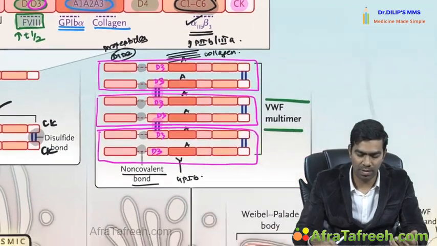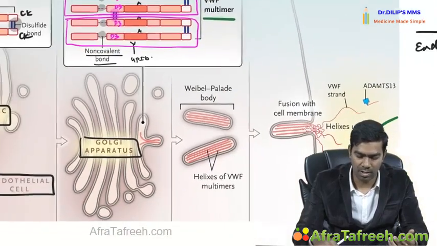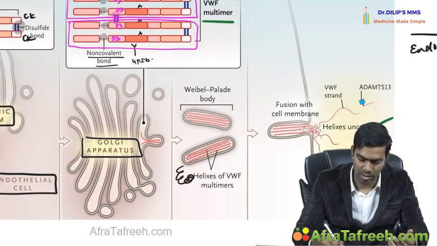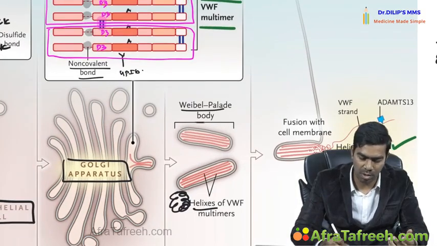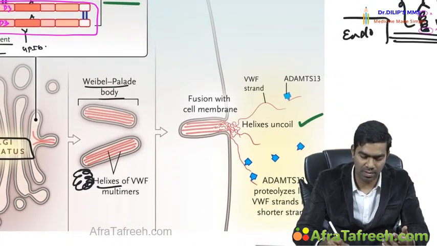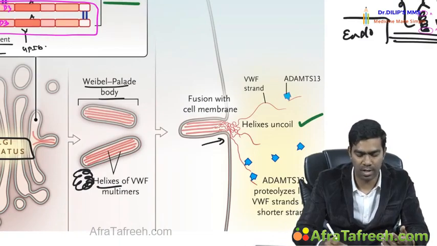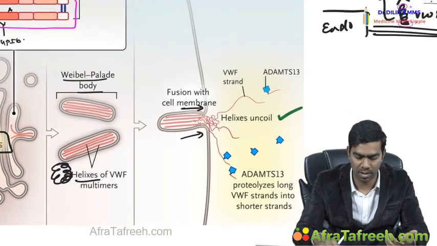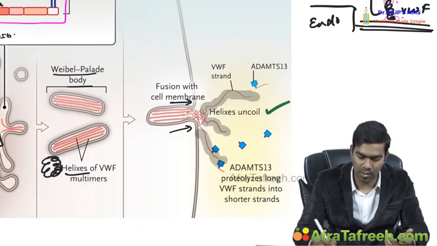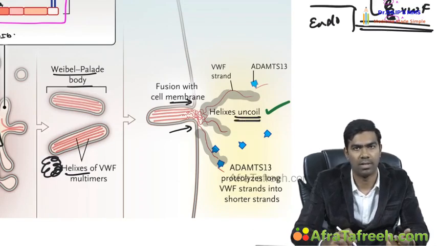Once the von Willebrand factor multimers are formed, they are coiled. They will be stored as coiled helices. This is not given here, but it's actually stored as coiled helices in the Weibel-Palade bodies within the endothelium. When they are to be released, these Weibel-Palade bodies will fuse with the endothelial cell membrane, and first they are going to be uncoiled and released into the circulation.